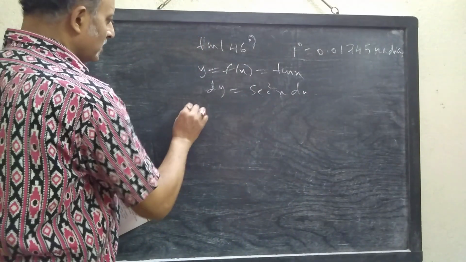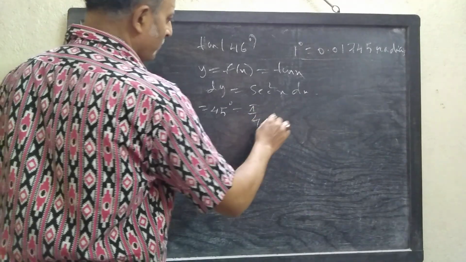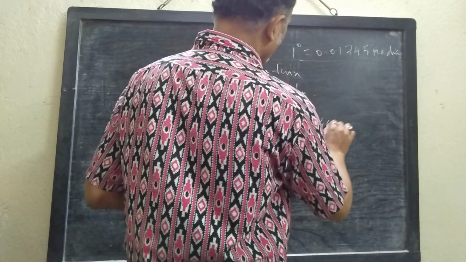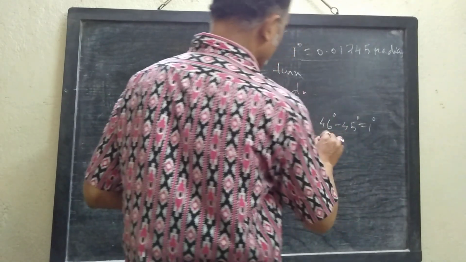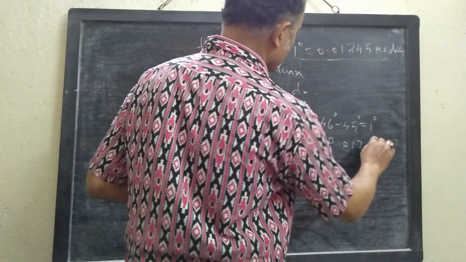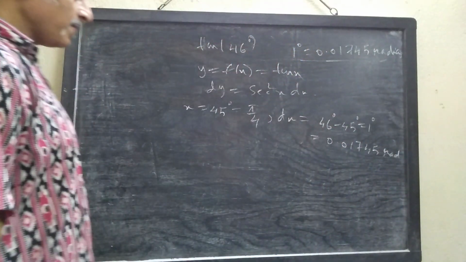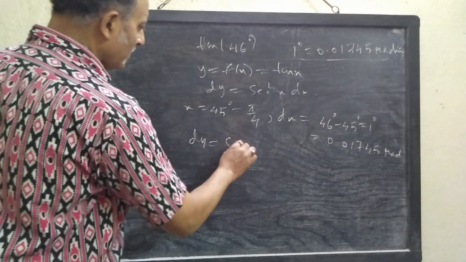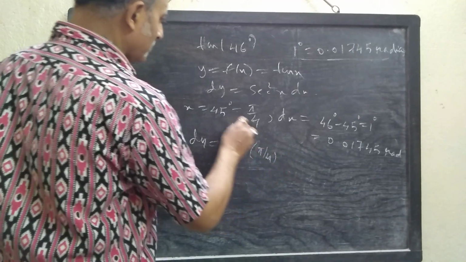Now look, here x is 45 degree, that is pi by 4 radian, and dx is 46 degree minus 45 degree, that is 1 degree, that is this radian, 0.01745 radian.